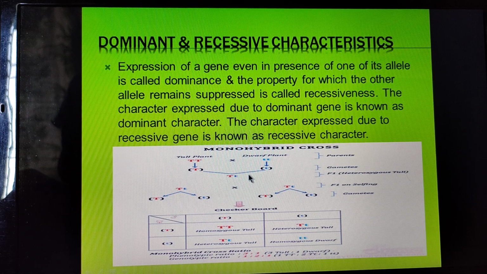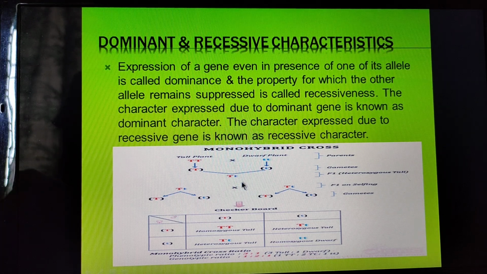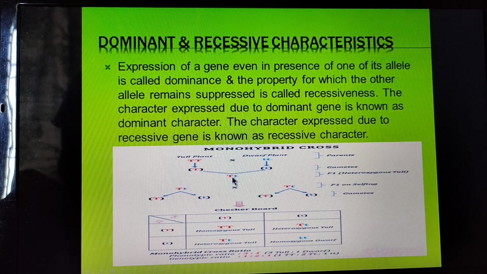Capital T is expressed over the small t, means dwarf trait. So that's why capital T is dominant and small t is recessive. And in F1 generation, all the pea plants produced here are hybrid tall pea plants.